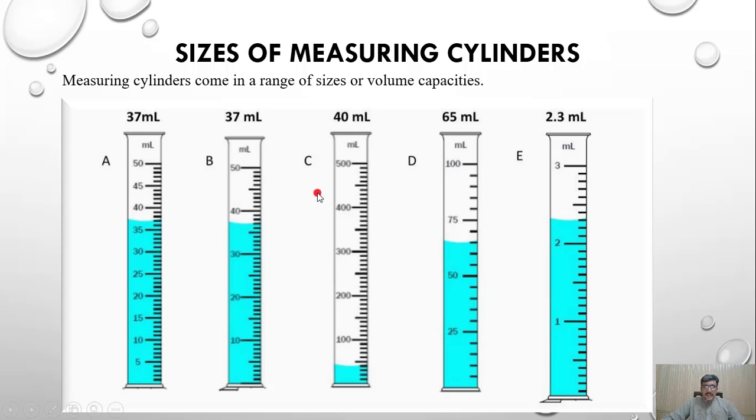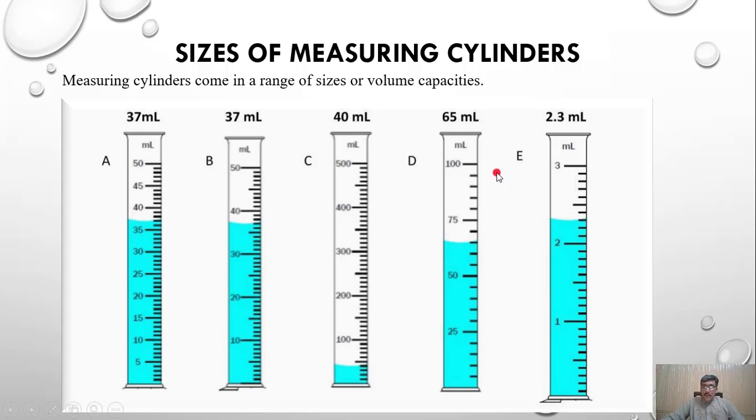In measuring cylinder C, the maximum capacity to measure volume is 500 ml, and the liquid which we have poured in this measuring cylinder is of volume 40 ml. And here we have a 3 ml capacity for measuring volume in this measuring cylinder, and the liquid which we have poured in this is of volume 2.3 ml.